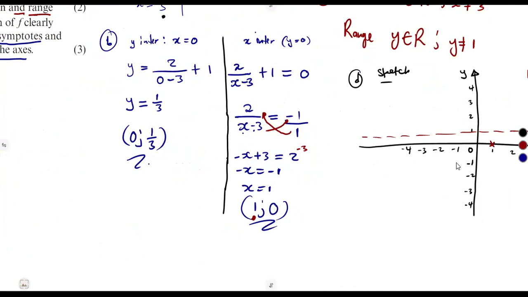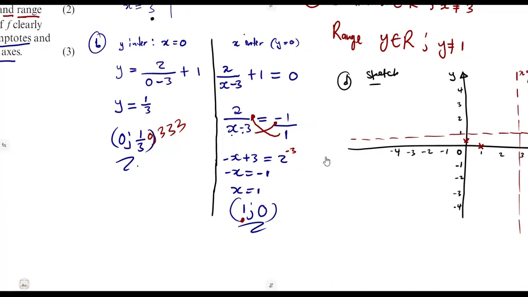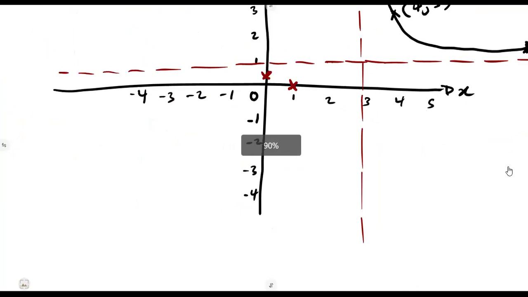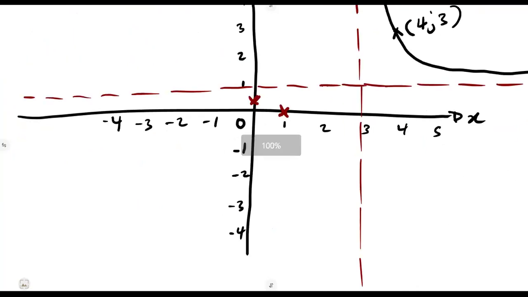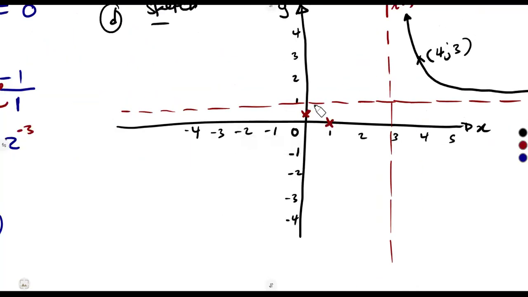The y-intercept is 0, a third, 0.3333, a number less than 1. So you can approximate it somewhere above the x-axis, because it's positive. So these are the intercepts, the x-intercept and the y-intercept.